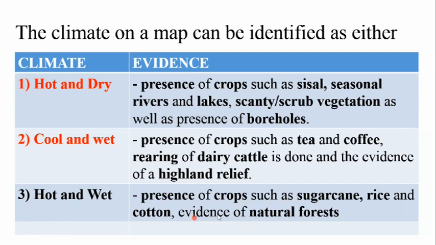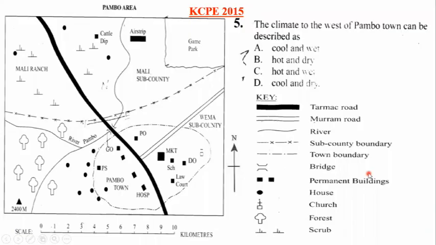These are evidence, also natural forest. Which climate is that? Hot and wet. Now, I've highlighted hot and dry and cool and wet so that you can prepare most on those, because they may be tested this year. Those are the evidence and the types of climates on the map.